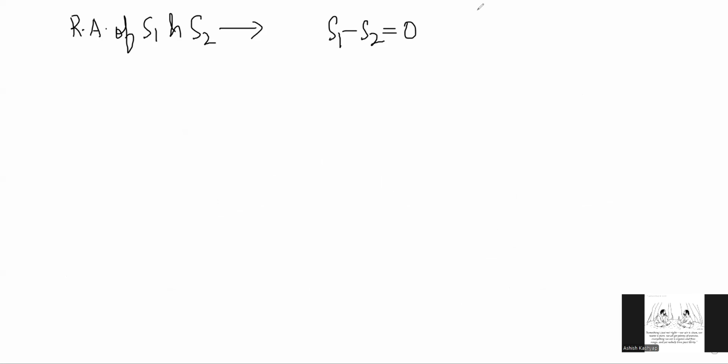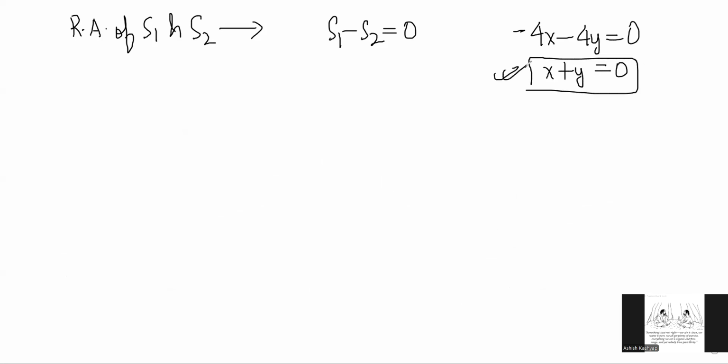You will realize that S1, if you remember, was x square plus y square minus 2x minus 2y, and S2 was x square plus y square plus 2x plus 2y. So this will become minus 4x minus 4y equals 0, or x plus y equals 0. So that is the radical axis of S1 and S2.